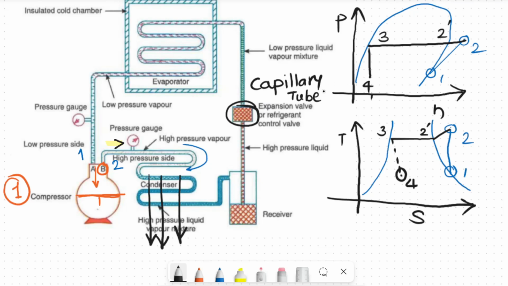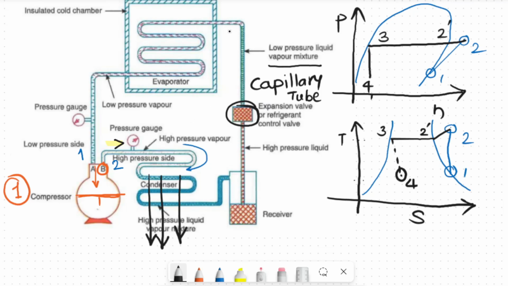Now, during this process of expansion, the pressure of the refrigerant drops, and because of that the temperature of the refrigerant also drops, and it will be a mixture of liquid and vapor.